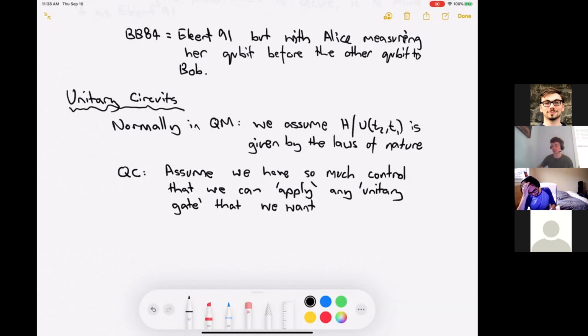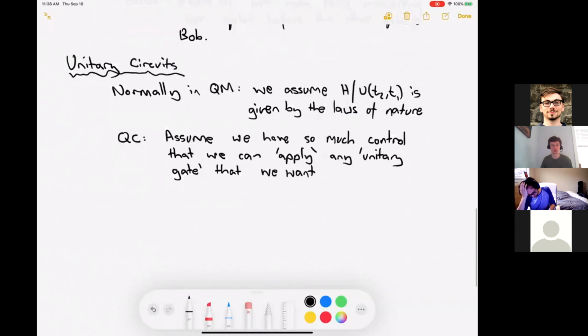Okay, that's what it means to have a programmable quantum computer. Just like for a programmable classical computer, we can apply an AND gate to 2 classical bits, or a NAND, or an OR, or any particular basic building block that we want.